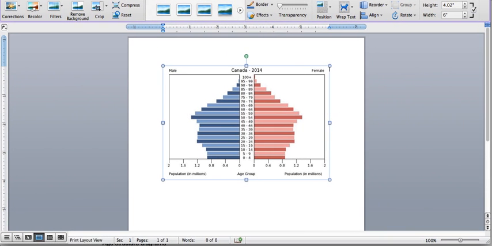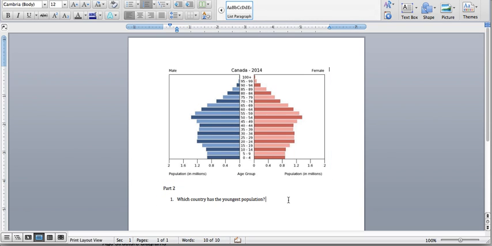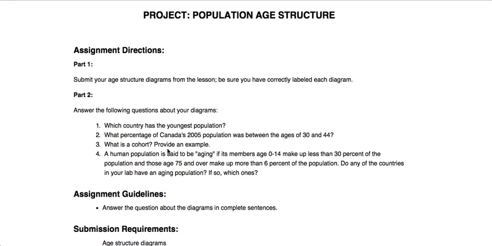Here I'm going to drag it over. There's the table from Canada. You would have 3 tables, and then something like this, Part 2, and your first question would be, which country has the youngest population, and then you would answer it, and then you could just keep going from there. That's what I'm looking for on that.